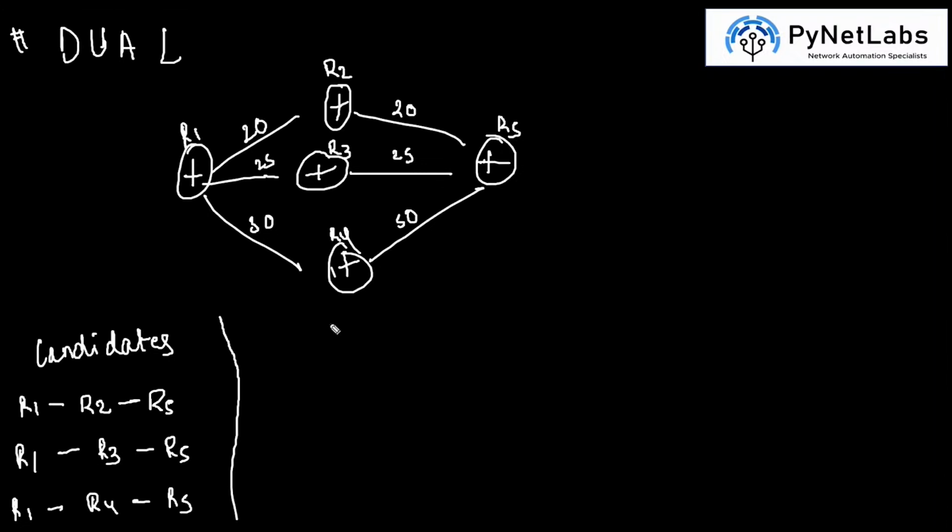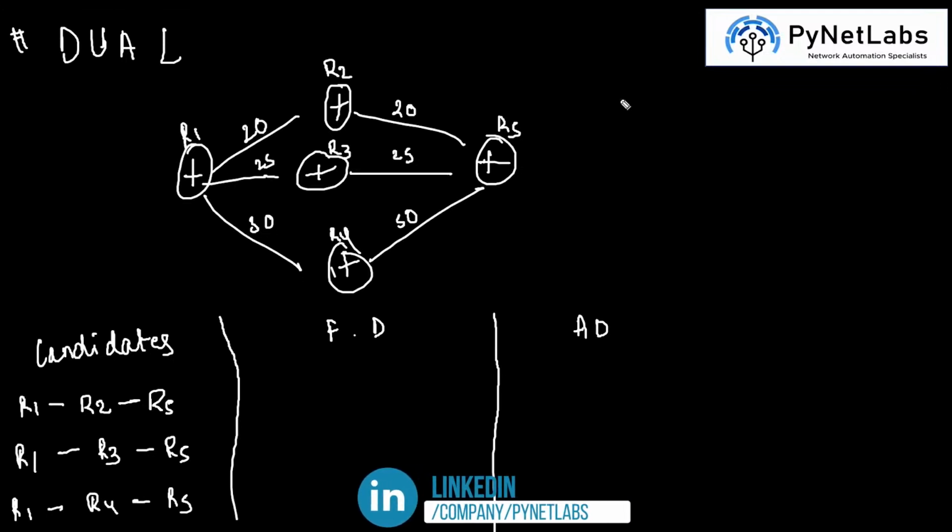So we have feasibility distance and AD, which is advertised distance. This is not the administrative distance value, that's something different. We are talking about DUAL, and under DUAL we have these two distances.